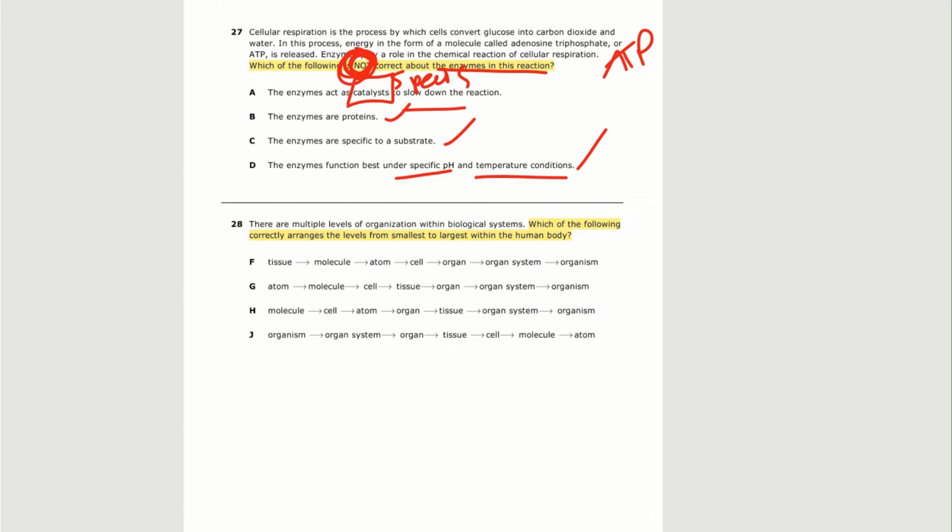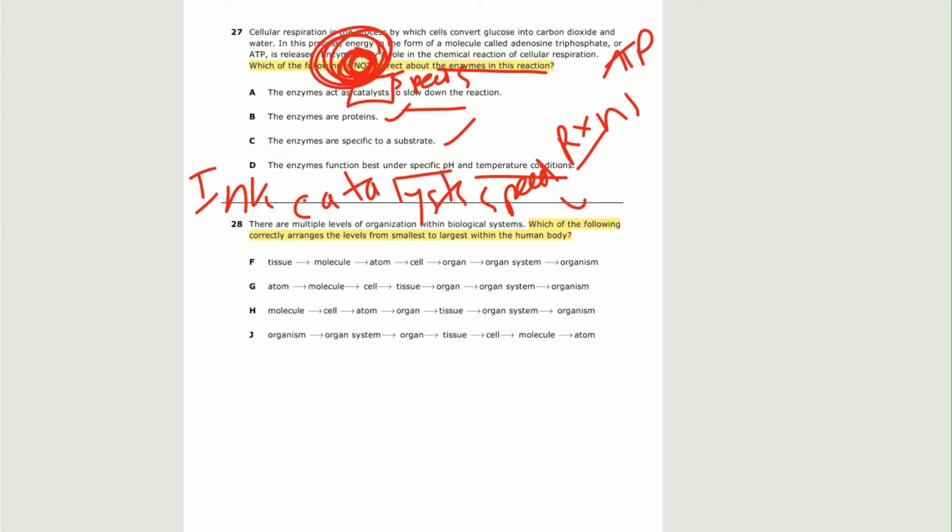That's why you highlight the question and you underline or circle what you're looking for. Not correct. So A like apple was your answer. And what did you learn? That catalysts speed things up, speed reactions up. That's why you know that one is not correct, because it says slow down.